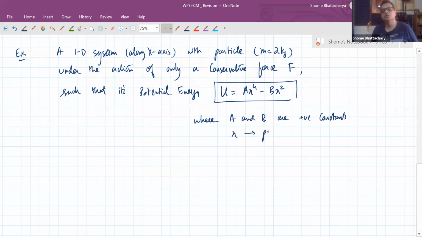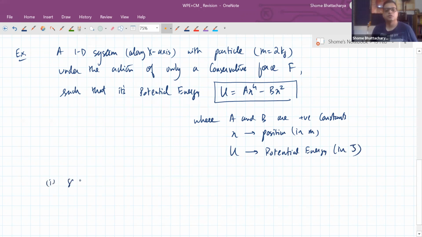X is the position or X coordinate in meters, and U is the potential energy in joules.